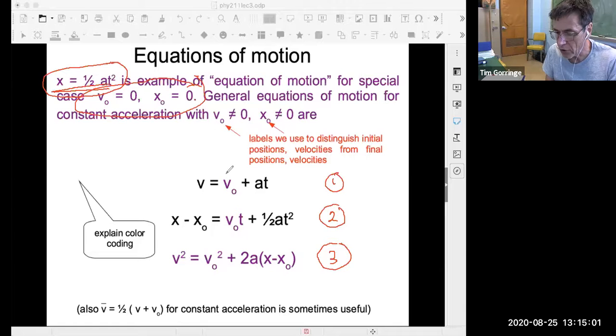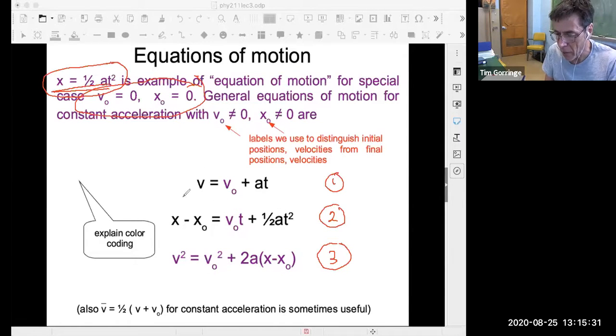If an object were to start from rest, this term here with the v naught would go away, and this term here with the v naught would go away. And so in that case, you see that familiar example here, 1/2 at squared, that we got for the falling body.